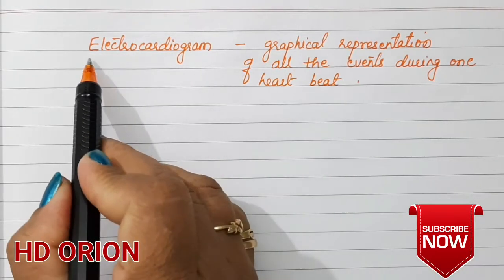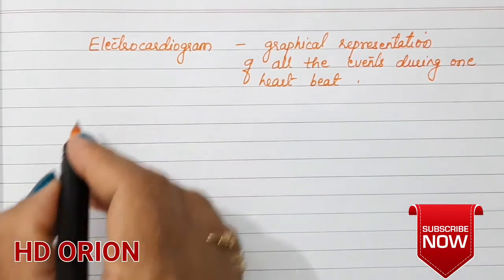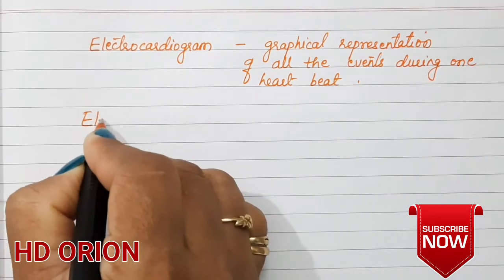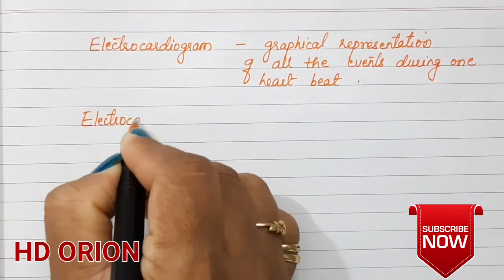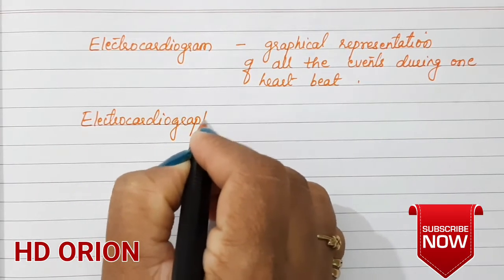So this is actually the pattern that is obtained in graphical form, while the machine is known as the electrocardiograph, which is sometimes mistaken because we have the word graph over here.